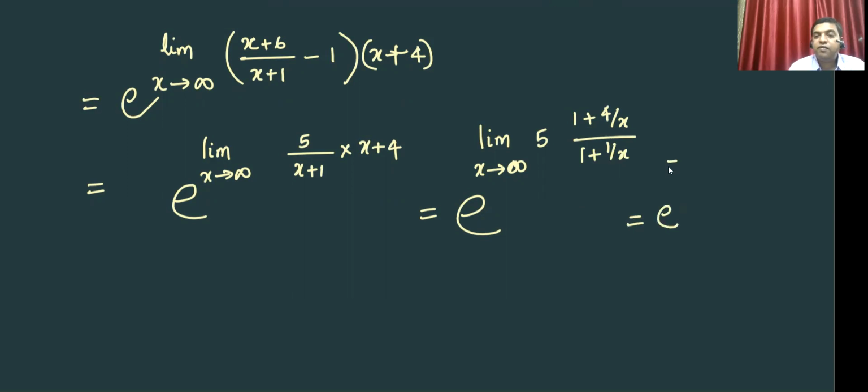This is e power 5 into (1 plus 0) by (1 plus 0). This is e power 5. This is the answer. Answer is e power 5.